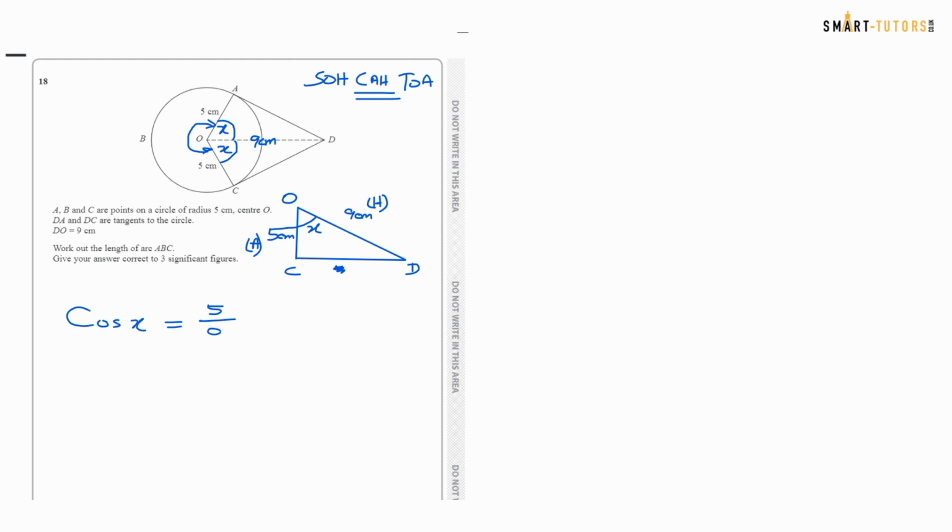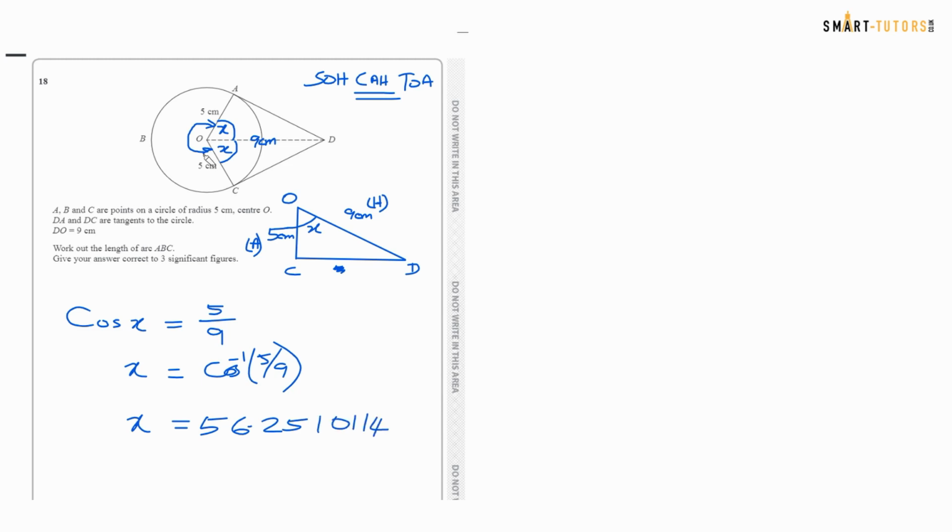So cos x equal 5 adjacent over 9. So x equal cos inverse of 5 over 9. So we have to do the inverse function of the trigonometry, shift and the cos button, that gives the cos inverse, which is the function we used for finding the angle.